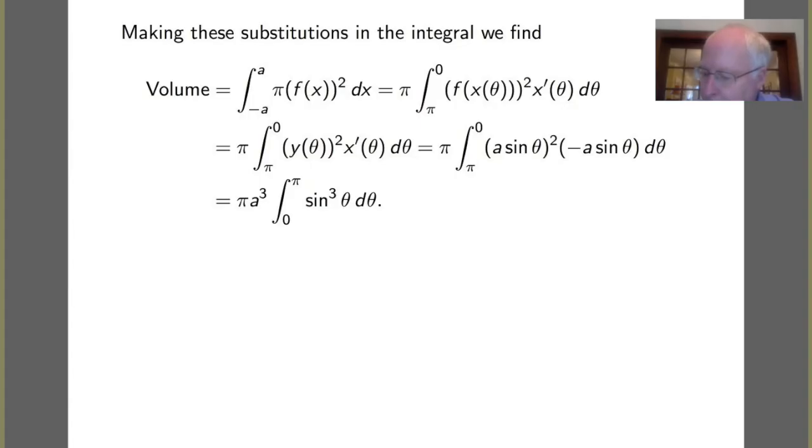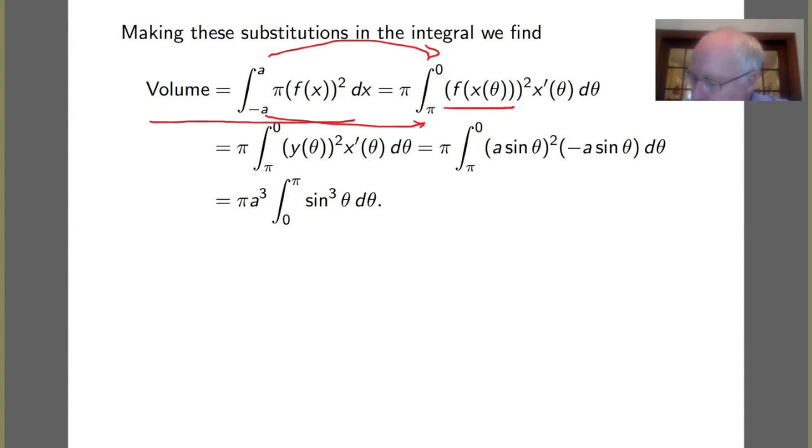Once again, the volume was given by pi f of x squared dx integrated from minus a to a. We make our change of variables. Remember the upper limit a became theta equals 0, minus a corresponds to theta equals pi. And we have pi f of x of theta squared, and the dx becomes x prime of theta d theta.